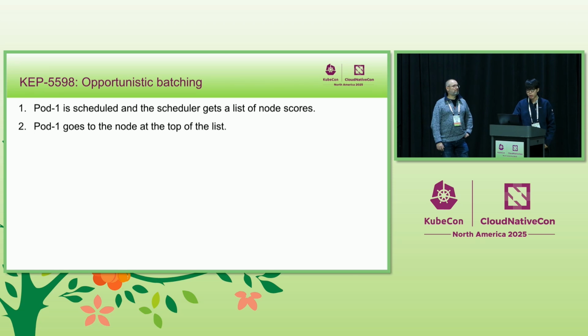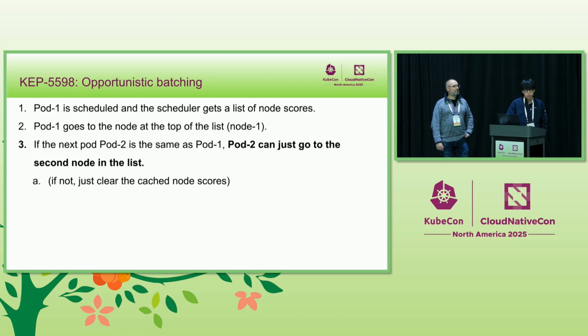So pod 1 is scheduled, and the scheduler gets the list of node scores, and then pod 1 goes to, let's say, node 1, which is at the top of the list. And if the next pod, let's say pod 2, is the same as pod 1, we can just schedule pod 2 onto the second highest scored node. Or if not, we are gonna just remove the cached node scores.